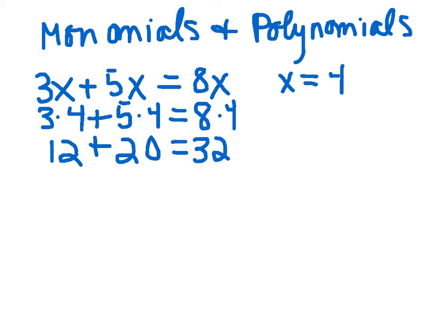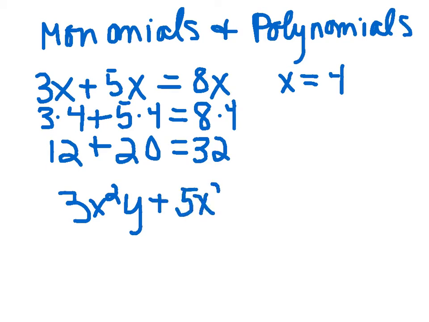Let's expand that idea of like terms. If I say 3x squared y plus 5x squared y, these are like terms because, here's the very scientific definition, if I take away the coefficients, they look exactly the same.